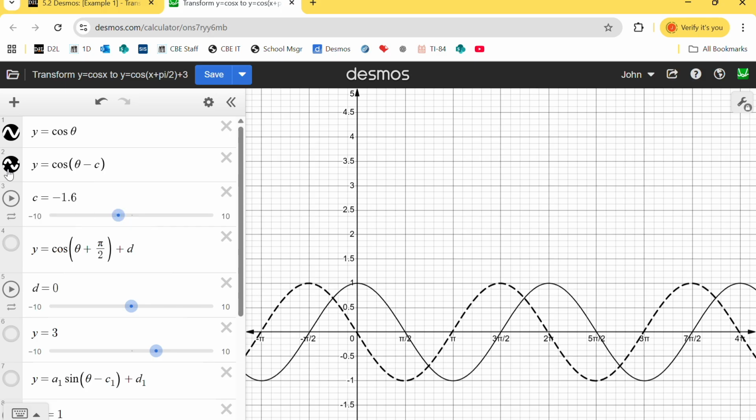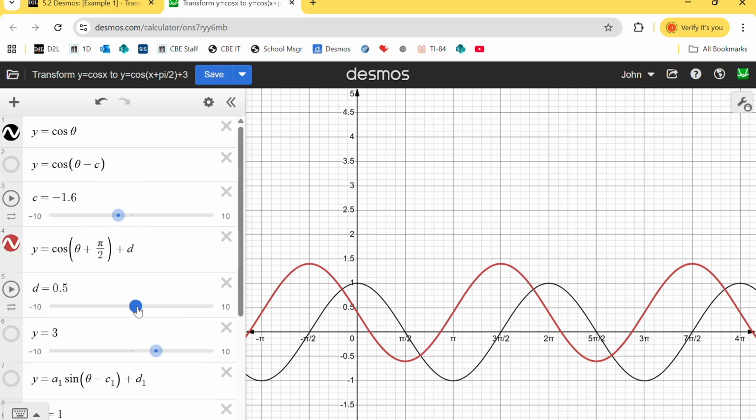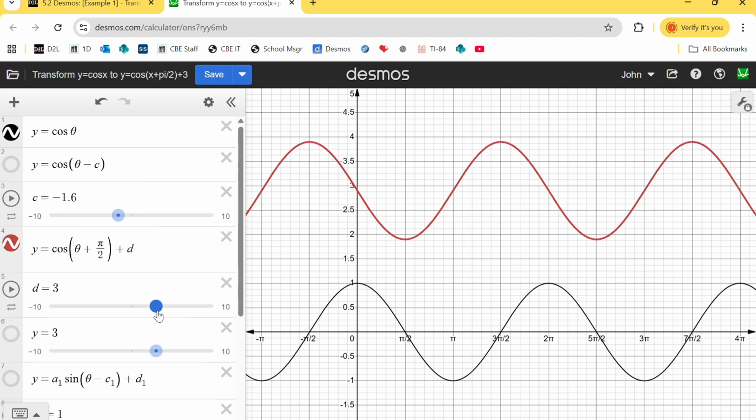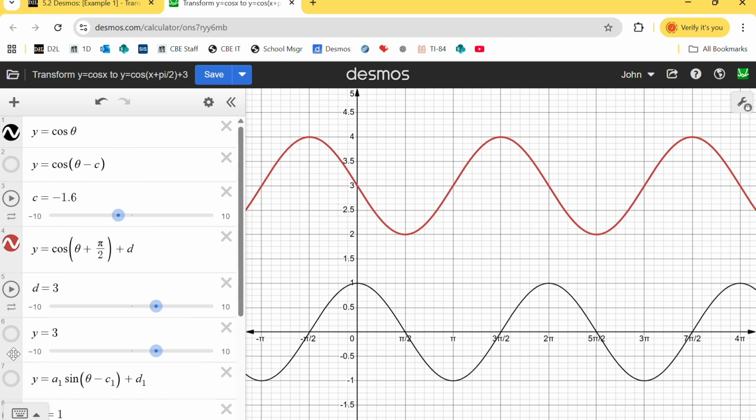If I show you in exact terms, that's about where we end up. Then we said it's a vertical displacement of 3 units up, so I go here with the d value slider all the way to d equals 3. Then I turn on my sinusoidal axis, and there it is. That's how we transform it as we did in our class example.